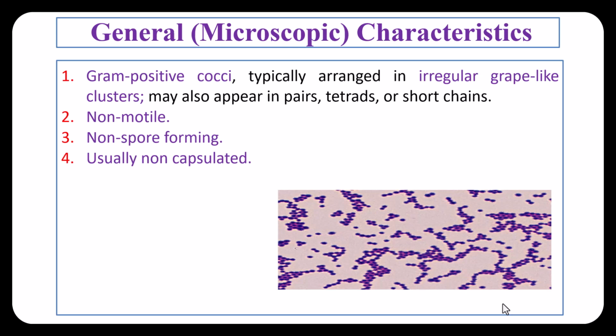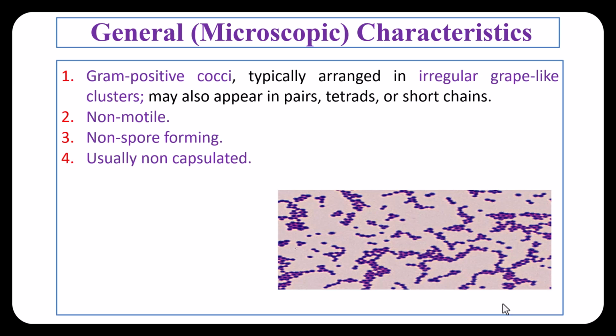Staphylococcus is non-motile, it means they don't have flagella, and it is a non-spore-forming bacteria. As I already explained the spore-forming bacteria in a previous lab, they are gram-positive bacilli, mainly Bacillus and Clostridium.